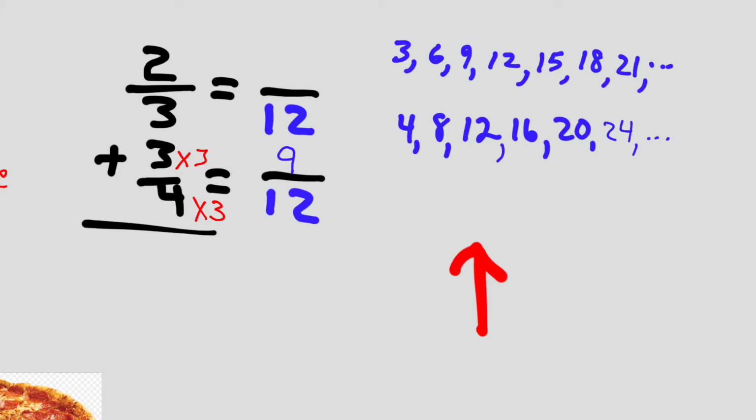For the 2/3 of an hour, we're going to have to divide these 3 large sections of time into 4 smaller sections. That means these 2 larger amounts of times will be cut into 4 smaller pieces. And now we can add up the 8 and 9 because they're both counting 12ths of an hour.